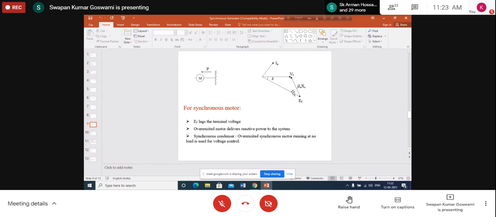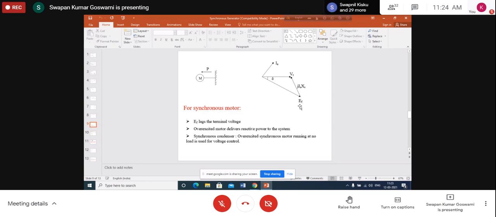In that case IA will be in this direction, which means operation will be at unity power factor. So like the generator, unity power factor operation is for normal excitation, and excitation more than that is called overexcitation. Here, for this phasor diagram, EF cosine delta is exceeding VT. As a result, we can say that this motor is overexcited.